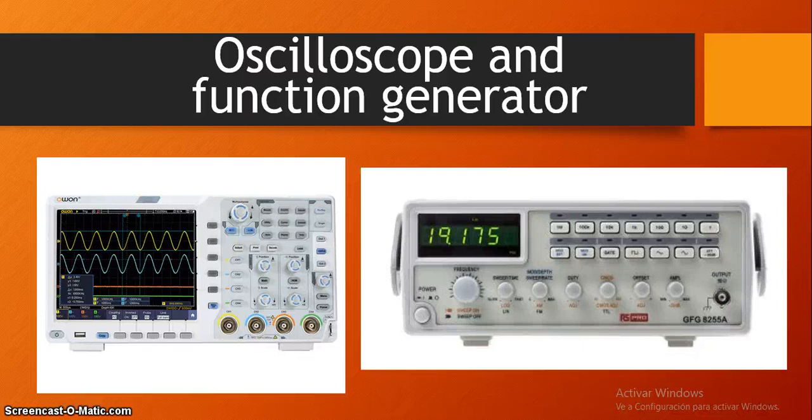In the results of this practice, we have variables. These variables have a relation. The relation, from the results, is because the frequency was varying, decreasing, while the wavelength was increasing.